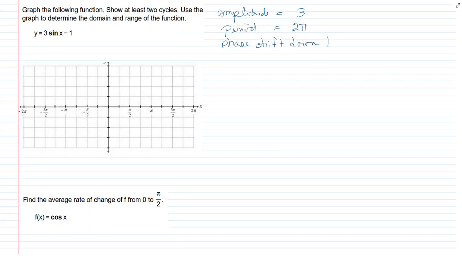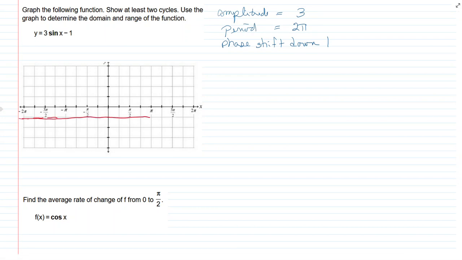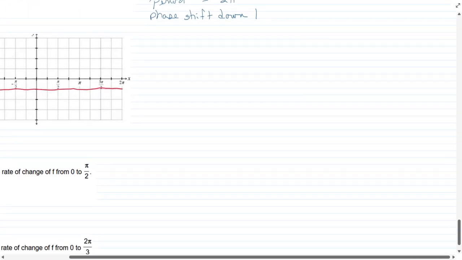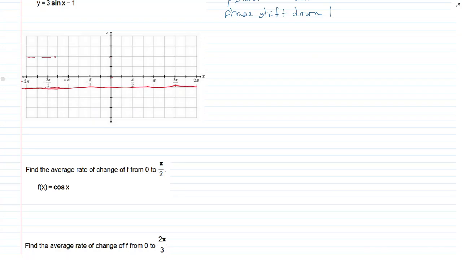So what happens is in this, our axis moves down to this point. And our amplitude is 3. So this is 1, 2, 3. And this one is our amplitude.